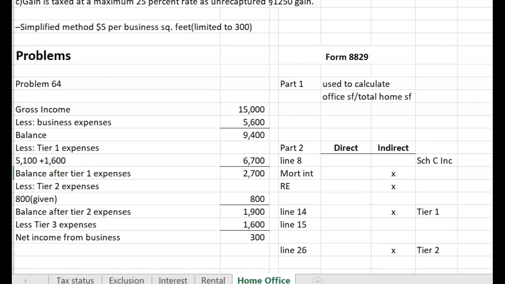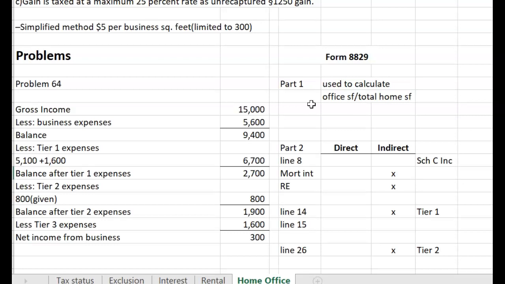If you have to calculate the square footage percentage, you would do this on Part 1, Form 8829, where you would take the office square foot, the room dedicated to the business. In this case, it would be 500. And then you would take the total square footage of the home to get the percent that is used for business.